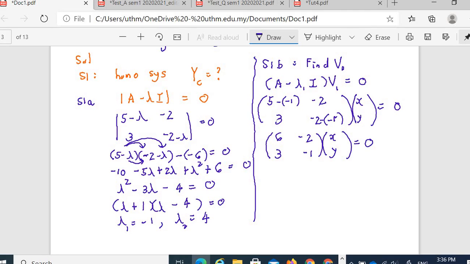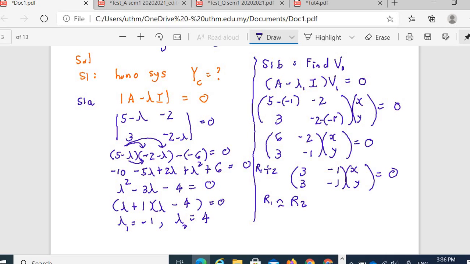So you notice that if row 1 you divide by 2, row 2 you maintain. So 6 divided by 2, you have 3. Negative 2 divided by 2, you have negative 1. Then this is (x, y) equal to 0. So that's why row 1 is actually equivalent to row 2.